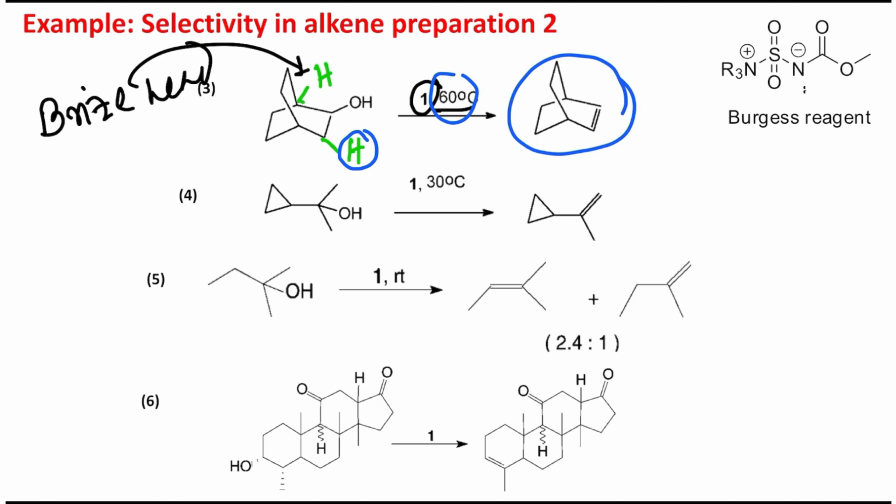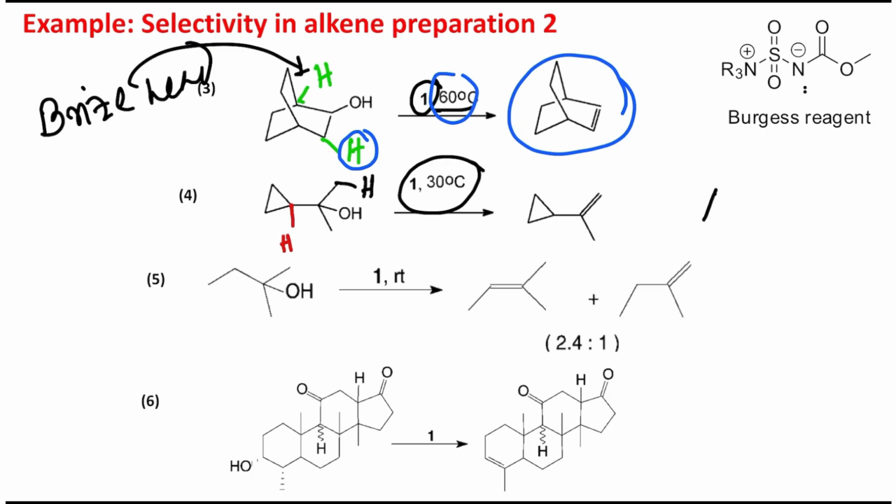Similarly, if you look at this cyclopropane ring containing alcohol, at 30 degree, just imagine room temperature, it produces this alkene. Now you may think, sir, it's true that there is one hydrogen here and also one hydrogen there. Why is the hydrogen attached to this cyclopentane ring not eliminated?